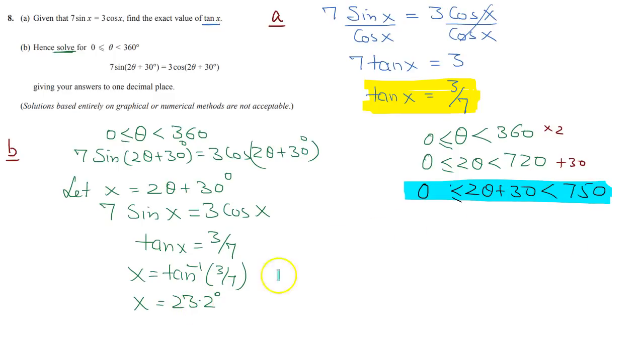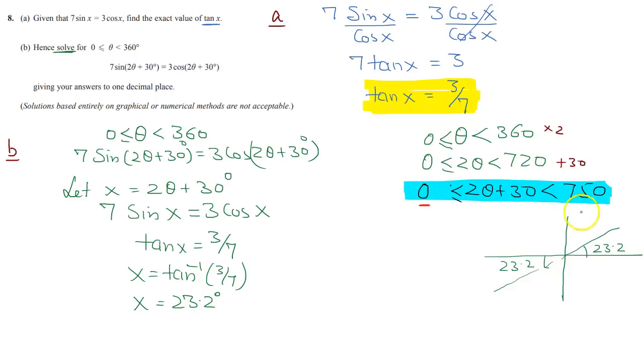Because this is x, when we are writing about x, let's see. Now this is 23.2, and this is positive, so the tan value is positive.